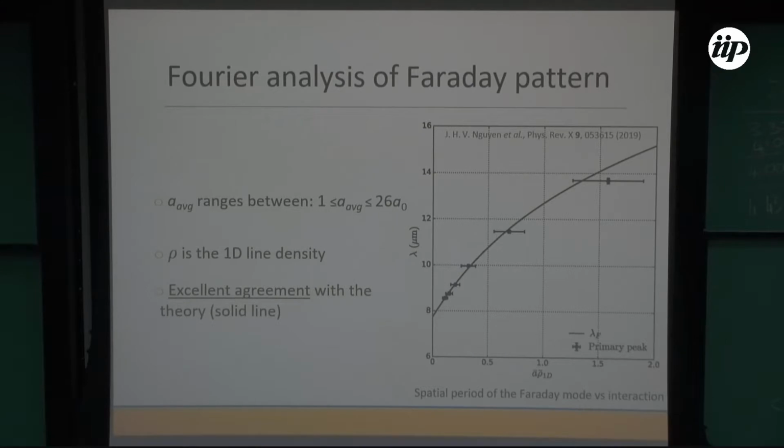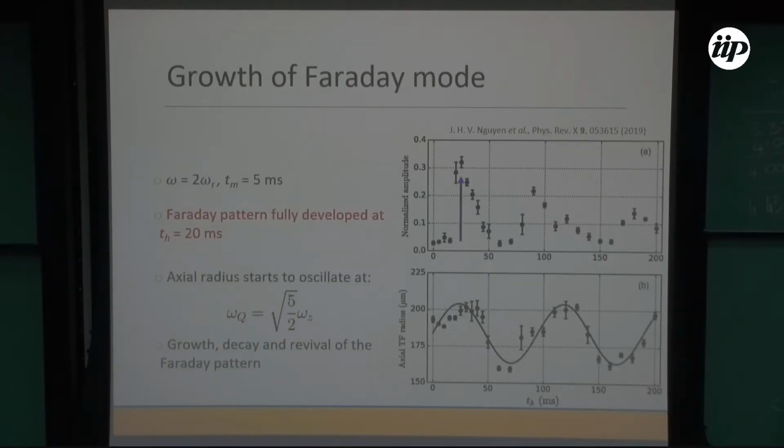So we decided to continue a bit more and see the dynamics of this mode. One thing we saw during the experiments: you turn on the modulation around this range here, we just wait a little while, and we see that this Faraday pattern emerges on top of the BEC.